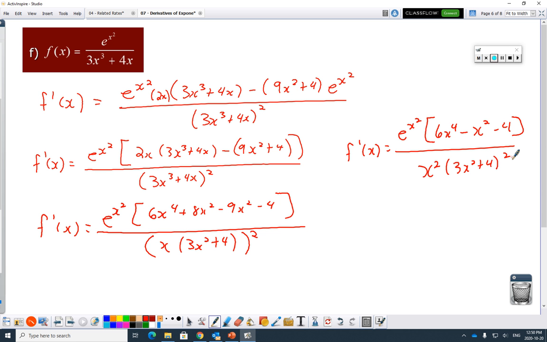Question. 2x times 4x would be 8x squared. And then there's a negative 9 and a negative 4 out of there, and then I put those two together. Is it good? Weirdly, the stuff in the bracket, somebody was asking me earlier, when do we stop with these things?